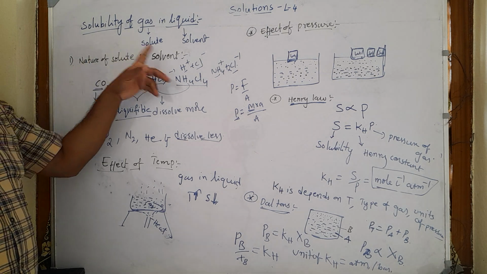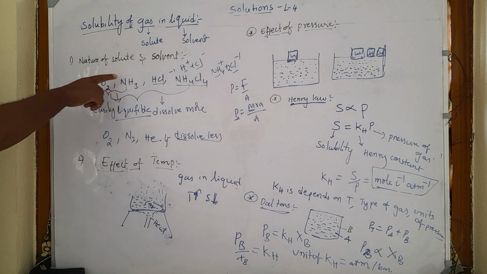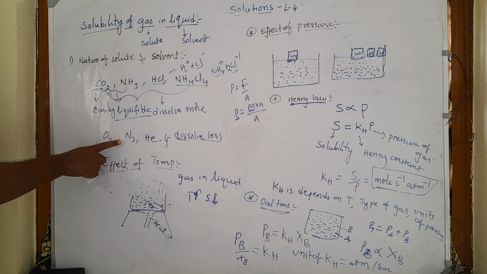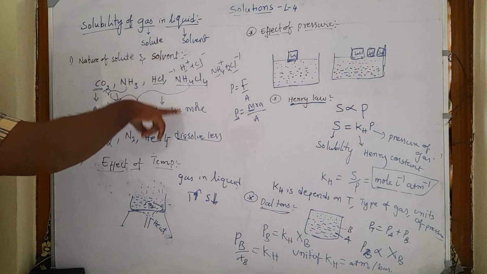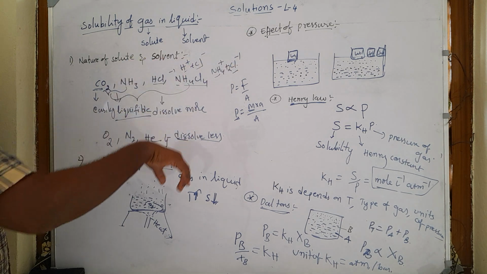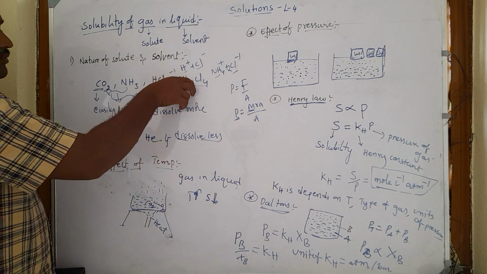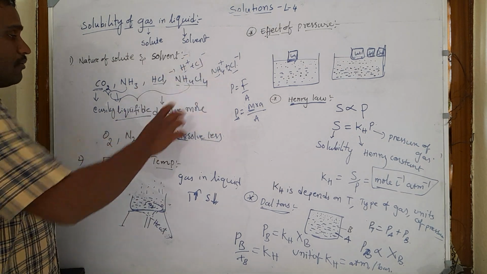First one, nature of solute and nature of solvent. Easily liquefiable gases like CO2 and NH3 dissolve more, and so do HCl and NH4Cl. They form ions, they react with water, and they dissolve more.